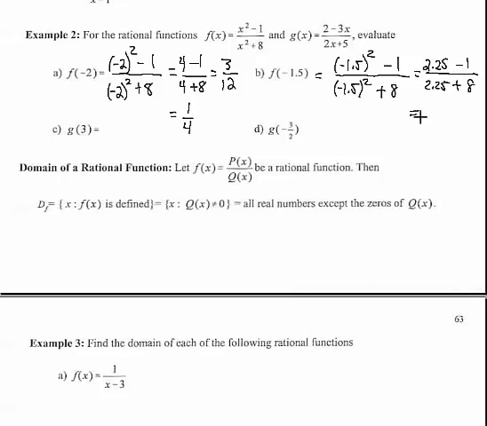We subtract, we add, and we get 1.25 divided by 10.25. I suppose we could simplify that, but I won't bother. This would be our y for x equal -1.5. You can simply put it in your calculator if you want to do better than that.